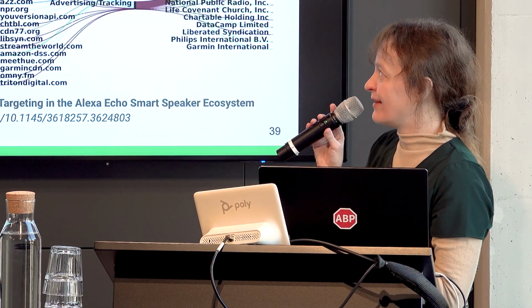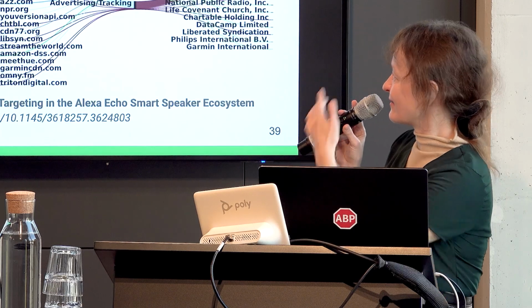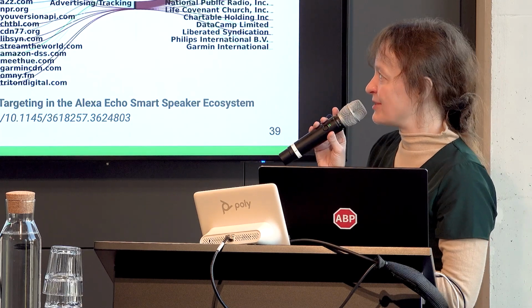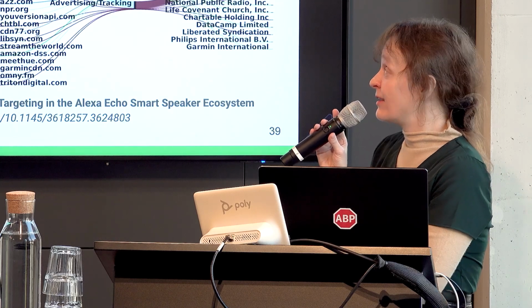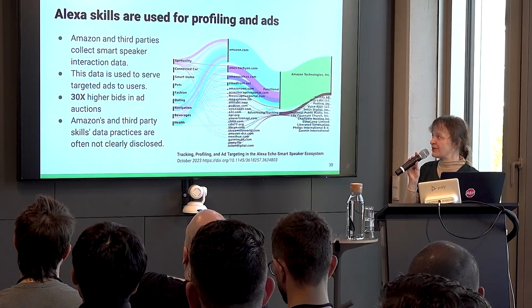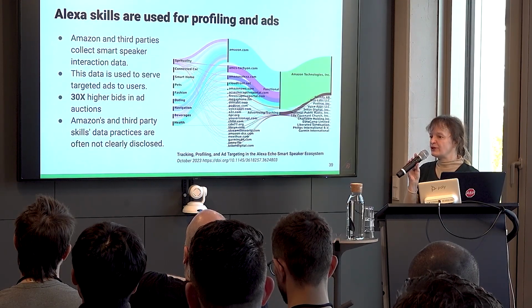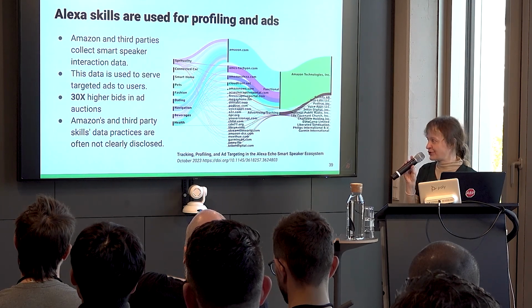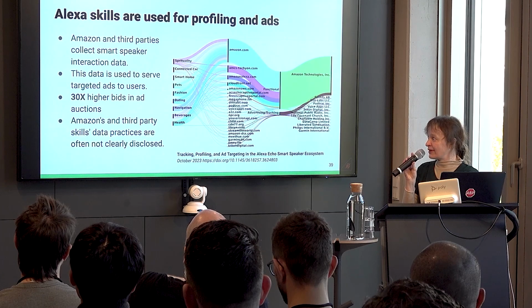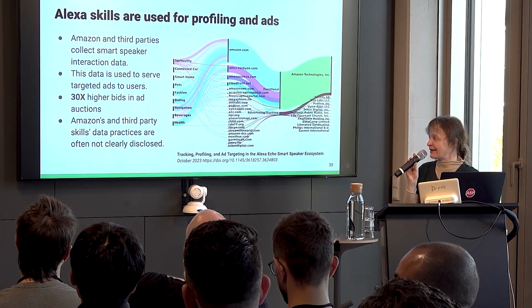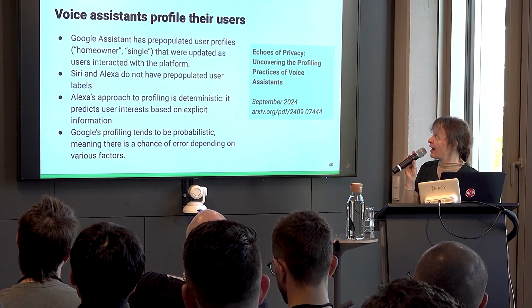They found that yes, the data goes to Amazon, but also to some third-party advertisers, and those interests triggered 30 times higher bids in ad auctions. And they noticed that third-party skills' data practices are often not clearly disclosed.